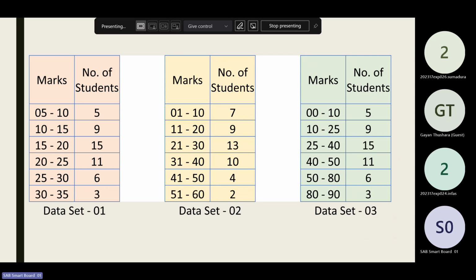What about the first one? What do you feel? Is it correct or not correct? If so, for what reason do you feel it is not correct? Data set 1.